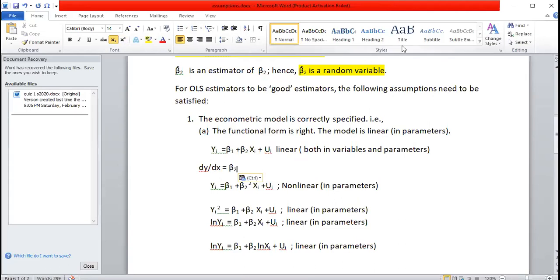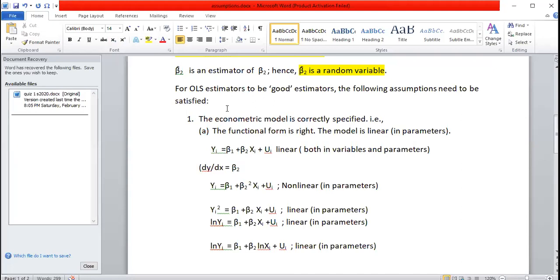I cannot emphasize more this meaning of derivative in our analysis. So the interpretation of beta 2 comes from the calculus dy dx. Obviously there is U, and it's an average result. Now, any question about this derivative stuff, or do you already know this?